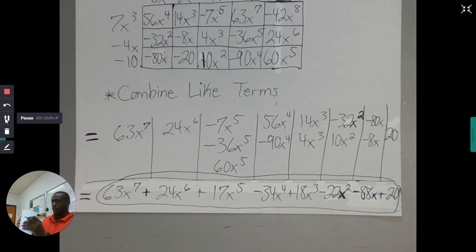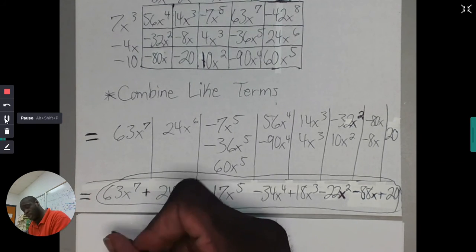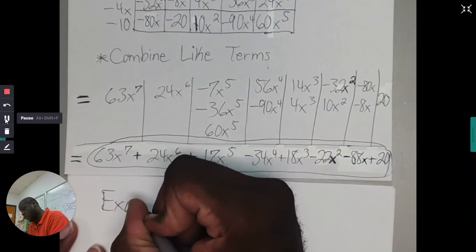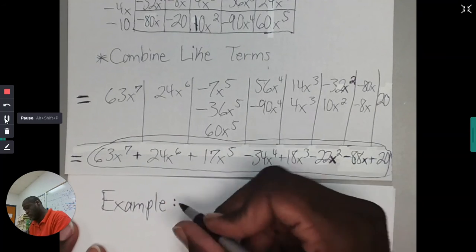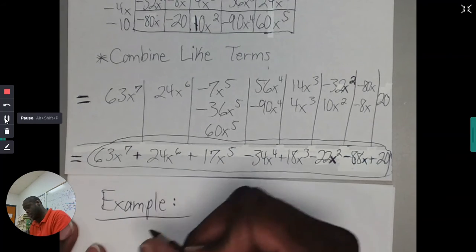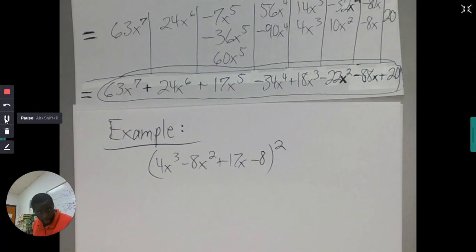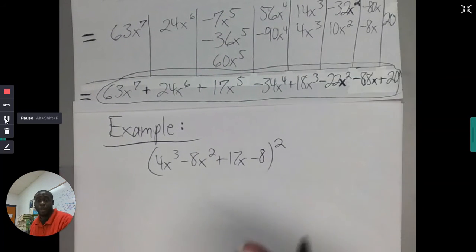Just want to make one quick point. I'm not going to work this problem out. If you had something written like this and it was squared, okay? This is polynomial multiplication, and it is multiplying two polynomials.